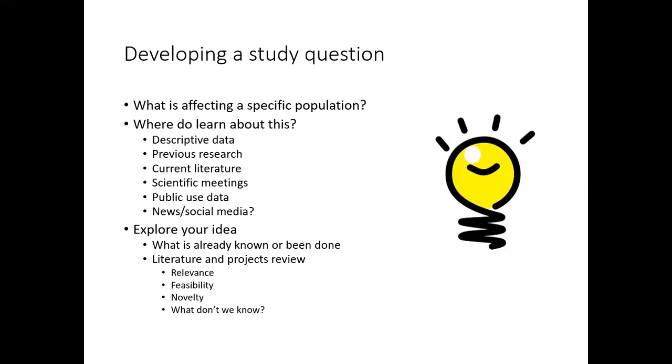Maybe there's a data set or some information that's out there that we want to take a look at and say, oh, this is a really good research question. So there's a lot of different ways that we can come up with a research question. I think this is probably one of the hardest parts, right? You want to get a really good question, and then you want to figure out what's been done before on that question.